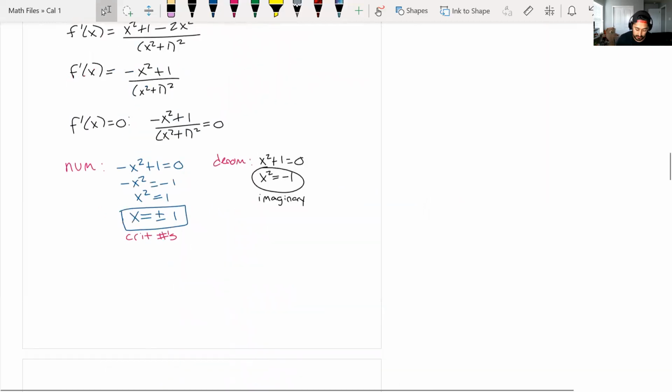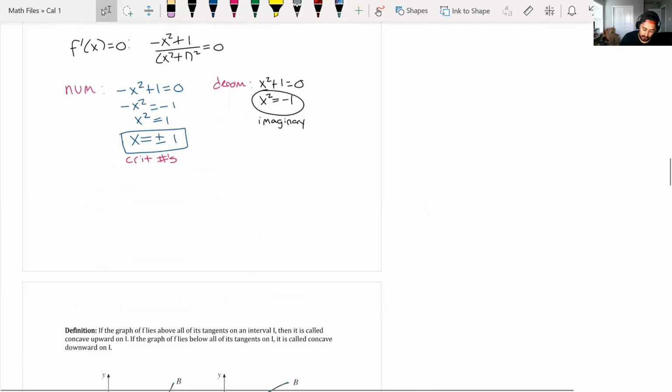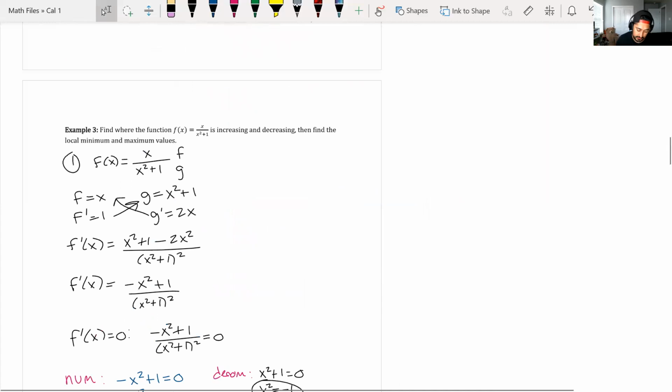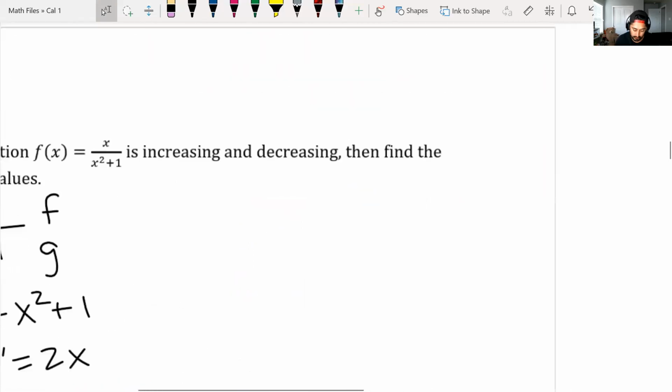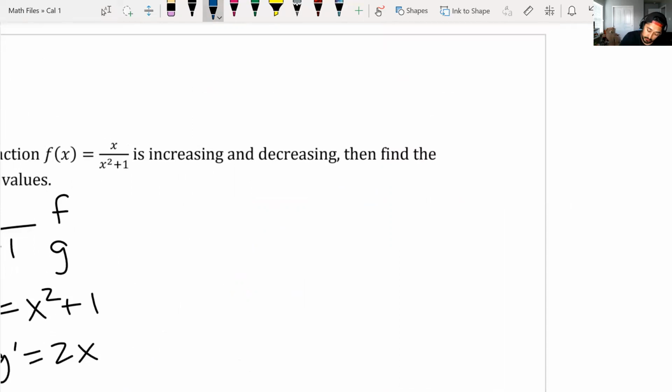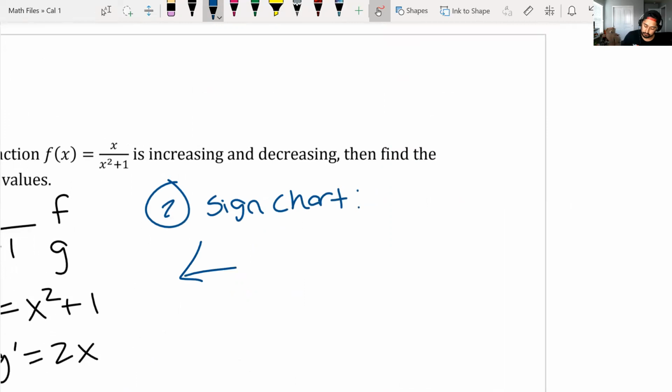All right. Well, I almost took up the whole page, but we still got room. So I'll just do step 2 over here with the sign chart. So step 2, sign chart. There's negative infinity, there's infinity. The only numbers we found were negative 1 and 1.